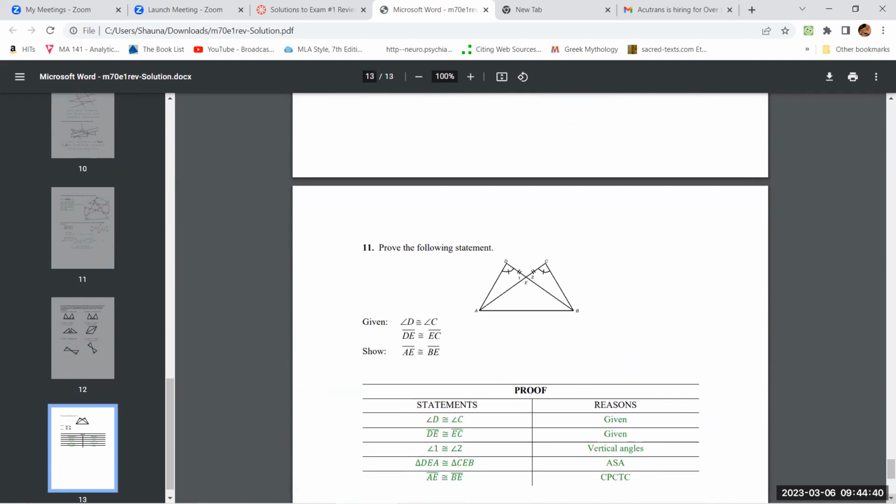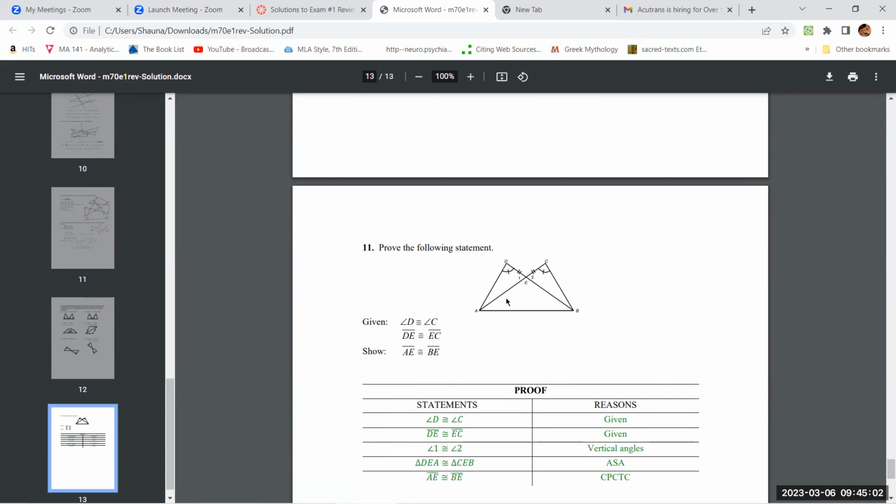This is her example proof that she gave you. And again, you can feel free to split the triangles apart if you can't see it. But she marked it for you. D is congruent to C. DE is congruent to EC. So here and here, right?